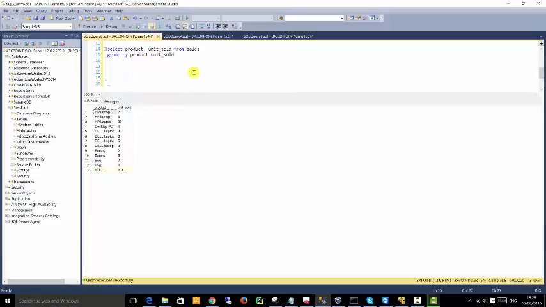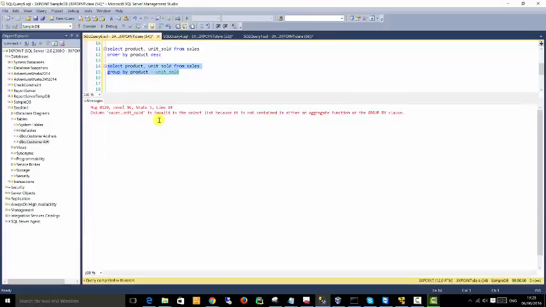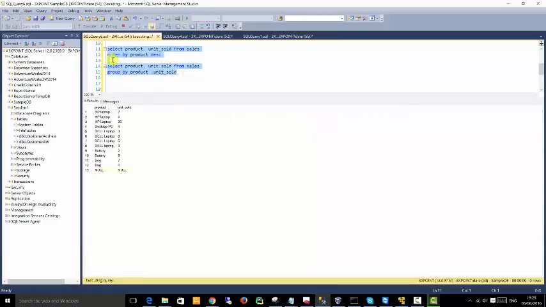You should understand that anytime you introduce group by, it has to involve all the columns in the select list. So let's say I didn't specify units sold, you will see that it will throw an error. So anytime you use group by, just know that it has to involve every column that's in the select list. All right, so let's have a look at these 2 data sets.